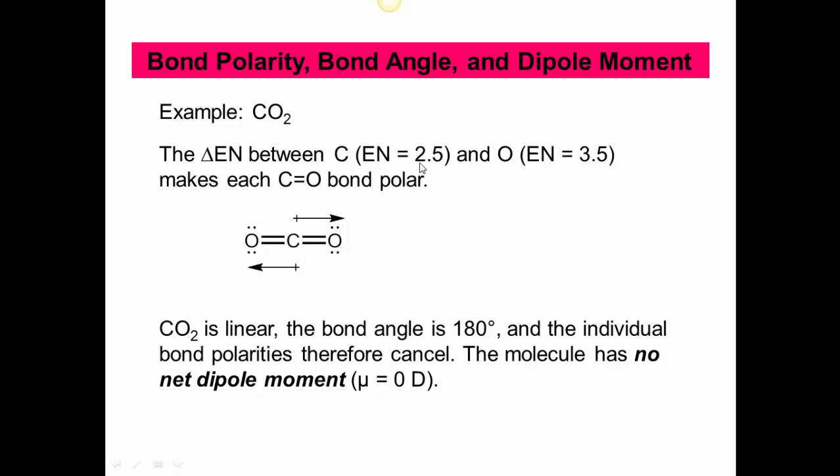The electronegativity of carbon is 2.5. The electronegativity of oxygen is 3.5. So because there's a big difference in electronegativity between these two atoms, each carbon-oxygen bond is polar. However, because carbon dioxide is linear, the bond angle is 180 degrees and the individual bond polarities cancel. So the molecule has no net dipole moment.